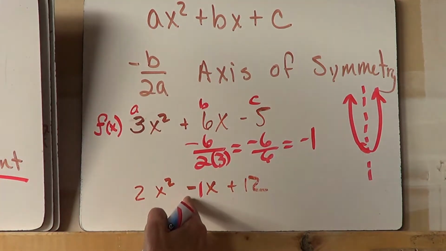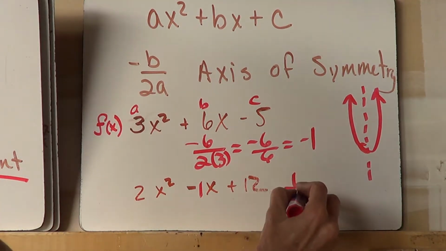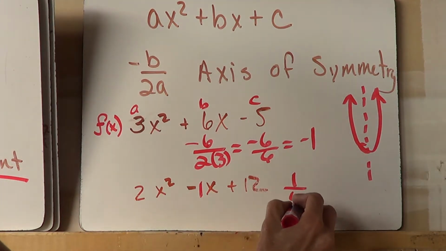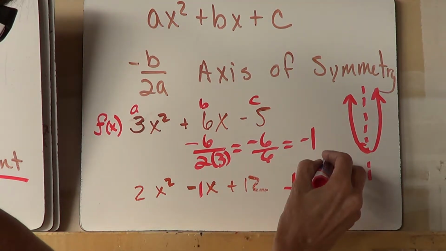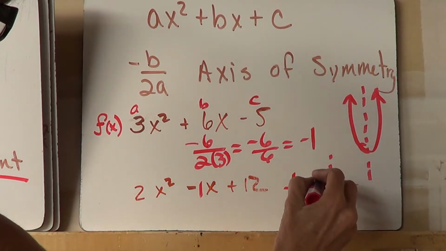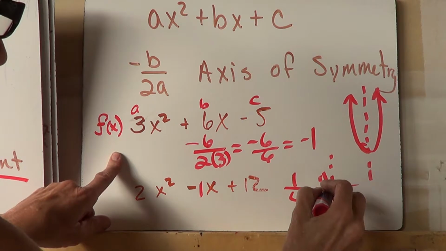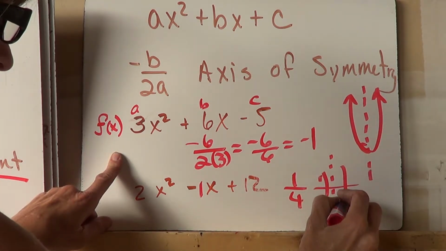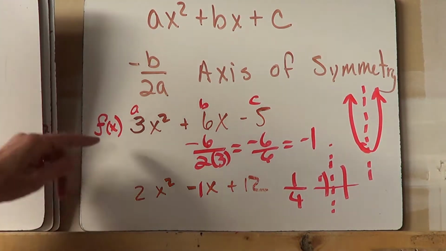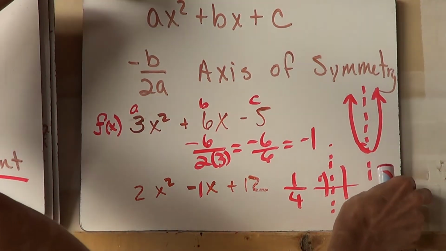A negative negative is positive, so that'll be 1. 2 times a, 2 times 2 is 4, so it would be 1/4. So your dashed line on this one would be right at 1/4. So here's 0, there's a 4th, and there's 1. So you'd be right there. Okay? That's looking for the axis of symmetry.